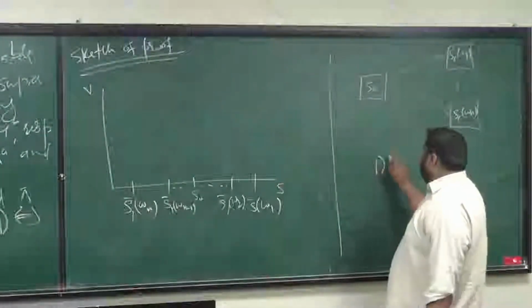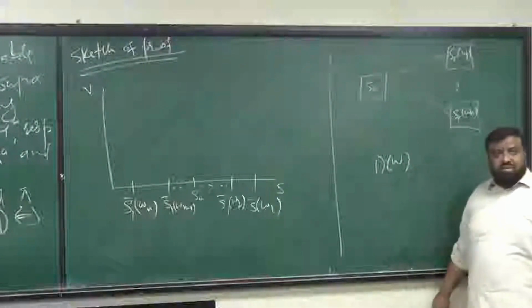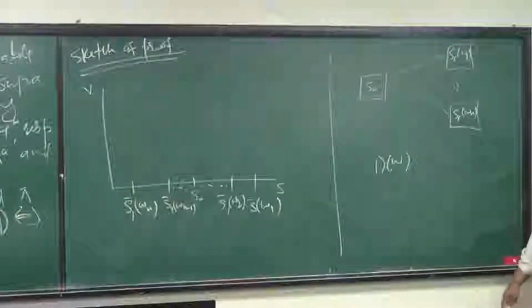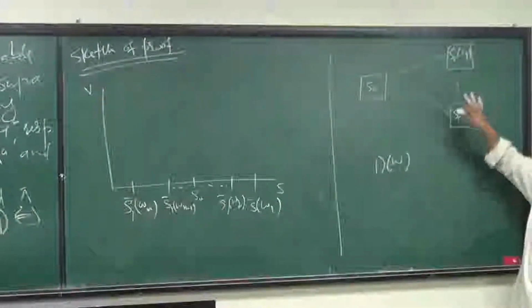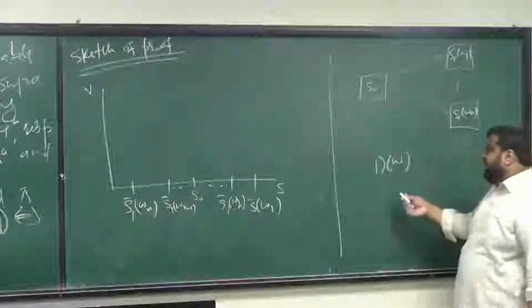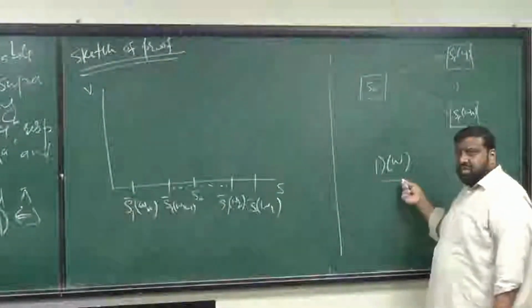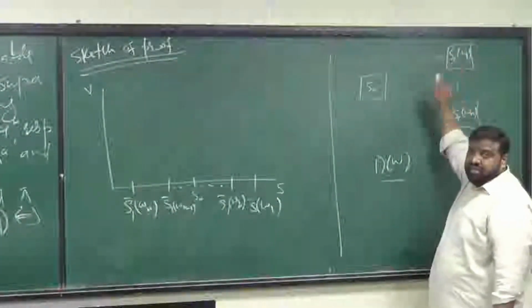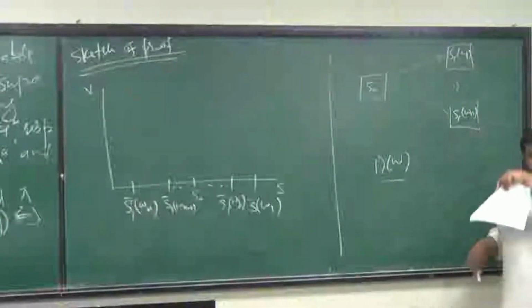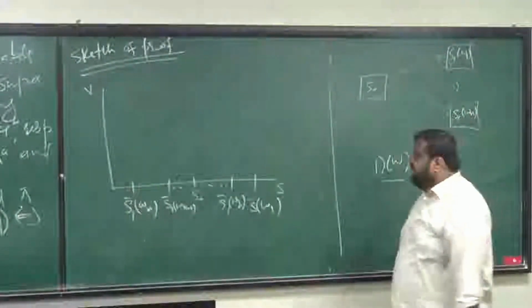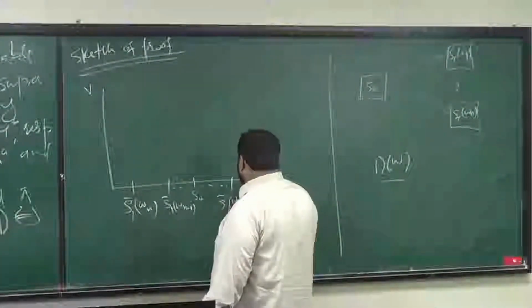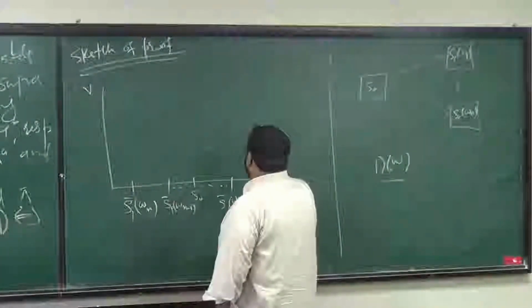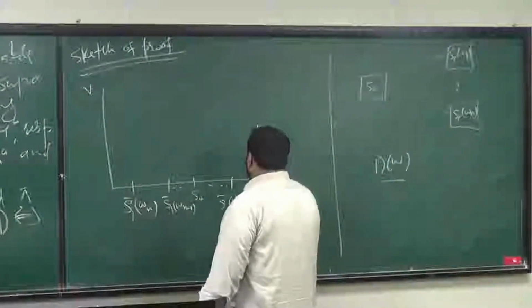Now your D, which also depends on omega, and hence depends on the scenario, is going to take some value depending on S1 of omega. So I'm going to say that corresponding to S1 of omega 1, this derivative D is going to have some value.